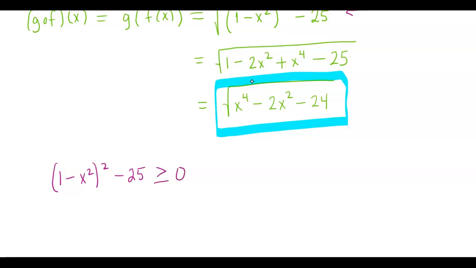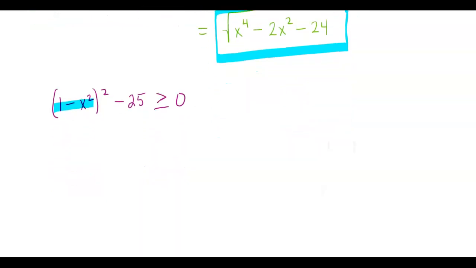Well, when would it equal 0? It would equal 0 if this was equal to either 5 or negative 5. So it falls into the same patterns that we had when we were looking at the graph before. So we need what I've highlighted to be either less than negative 5 or greater than positive 5.